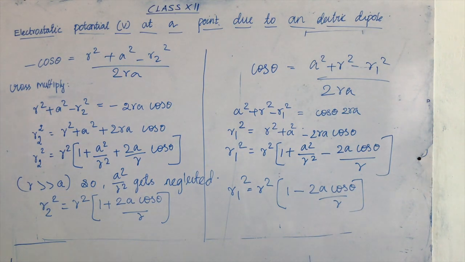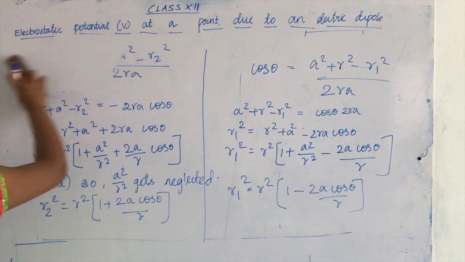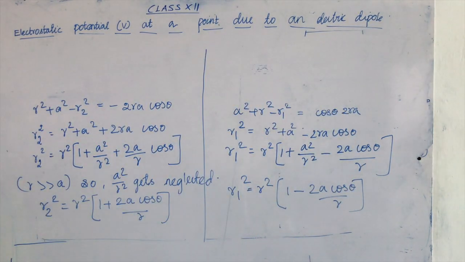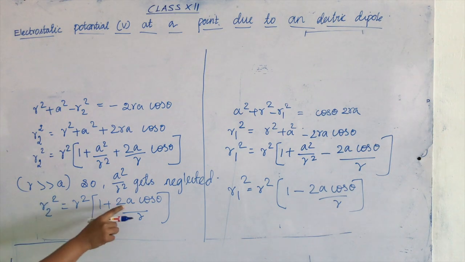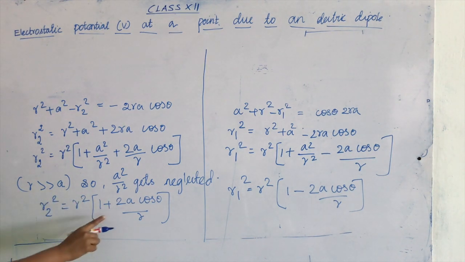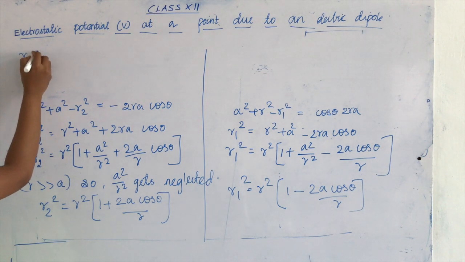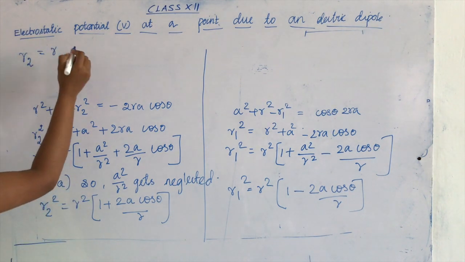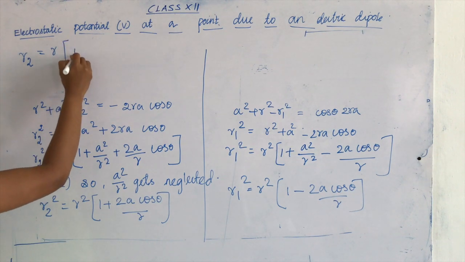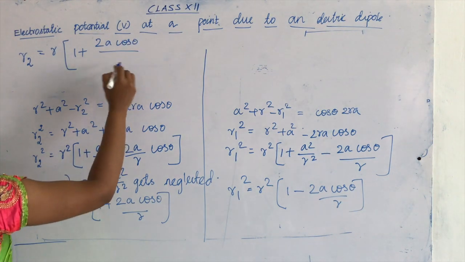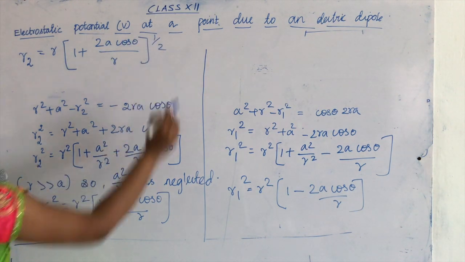Now we take the square root of both terms. By taking the square root, R2 equal to R times 1 plus 2A cos theta by R, whole power 1 by 2.